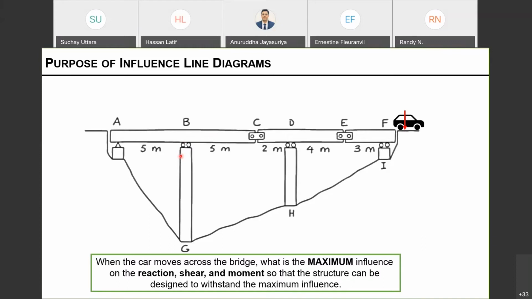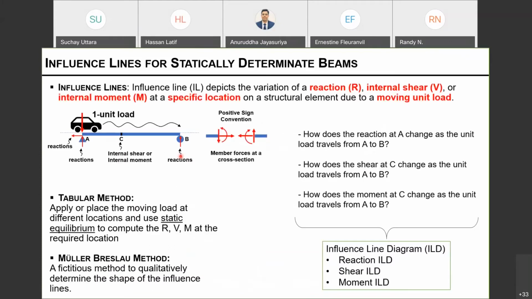Okay, so let's go to the next slide. This is the definition of what an influence line is. An influence line depicts the variation of a reaction, internal shear, or internal moment at a specific location. So we are interested in a specific location on a structural element, okay?